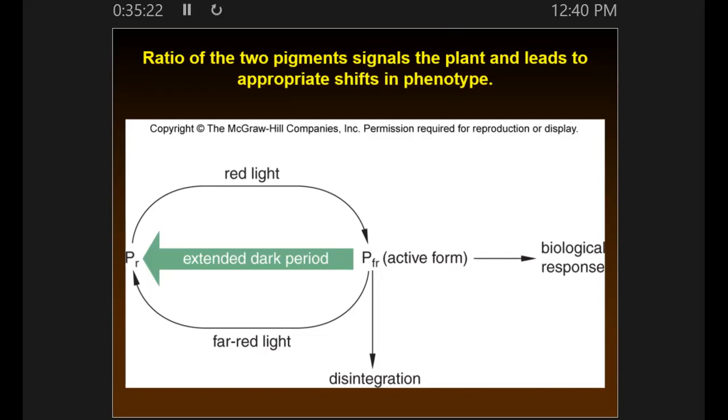So there are lots of different photoreceptors that a plant has. Phytochrome is probably the most famous, and one of the first to be discovered. It's also famous in that it's one of the first discovered that can shapeshift like this. But there's a series of other pigments, photoreceptors, that can absorb different qualities of light. Even ultraviolet, there are some photoreceptors that can pick up that they're getting hit with ultraviolet.